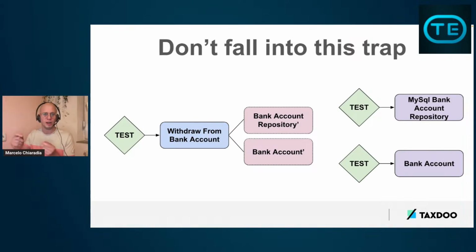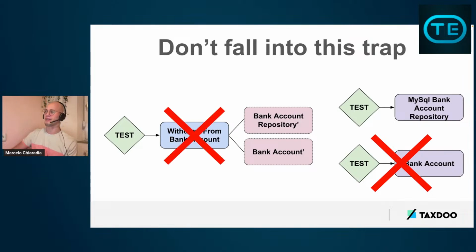We have almost one-to-one. And the problem that this creates is that, let's suppose that we want to move some behavior from the bank account back to the withdraw use case, we would instantly have a failing test there.